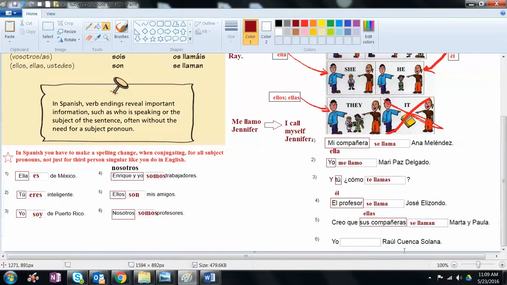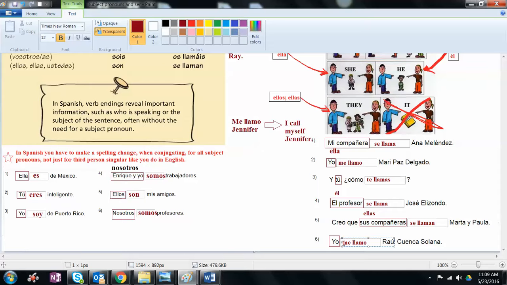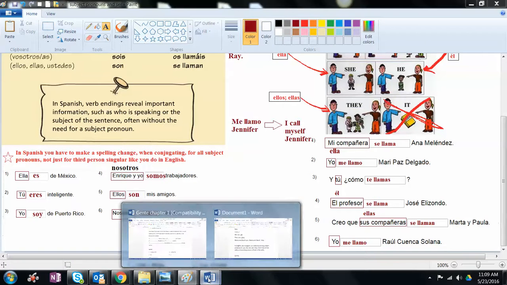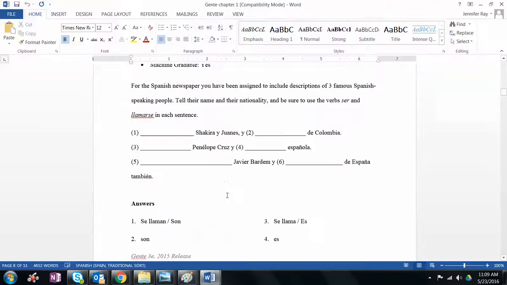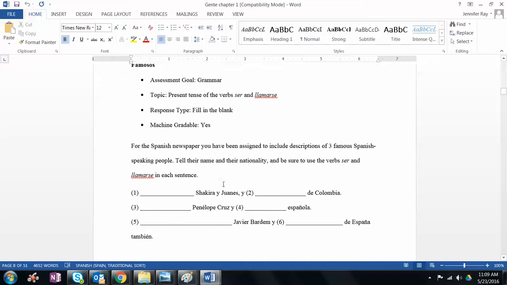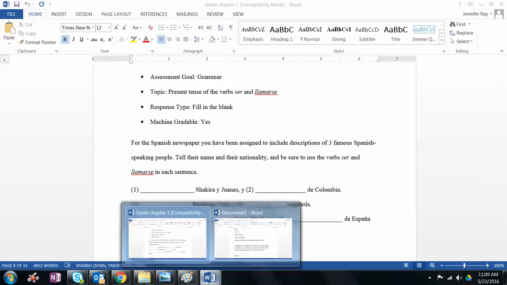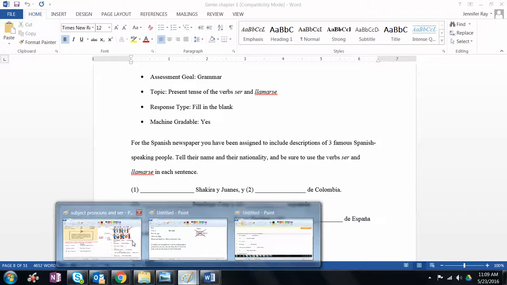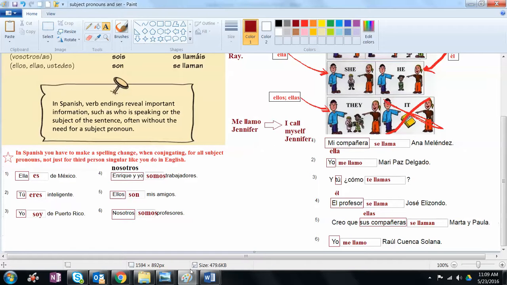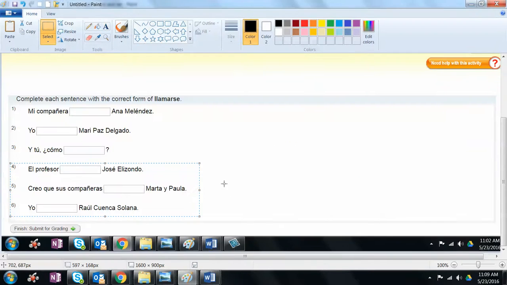Okay. Yo blank Raúl Cuenca Solana. Again, it's yo. And so if I go up here, then me llamo. Yo me llamo Raúl Cuenca Solana. Okay, let's see here. Now both of them can be used to say somebody's name.